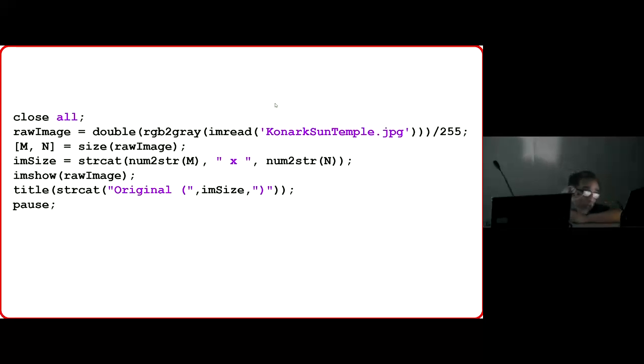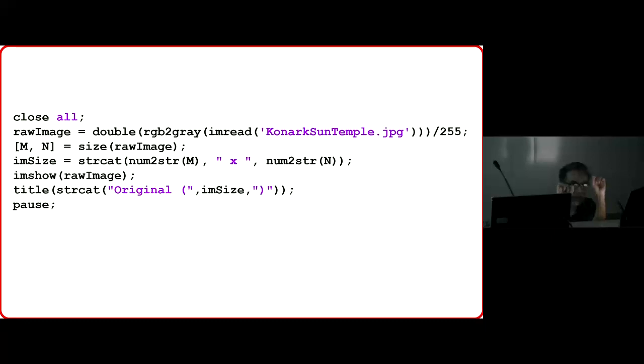Okay, and they will be integers. 255 can be represented in 1 byte. Sorry, excuse me, 1 byte, not 1 bit. Anyway, and then I'll convert it to double floating point. And that's why I'm dividing it by 255. So now what I get here is simply a matrix of the same size as the image.